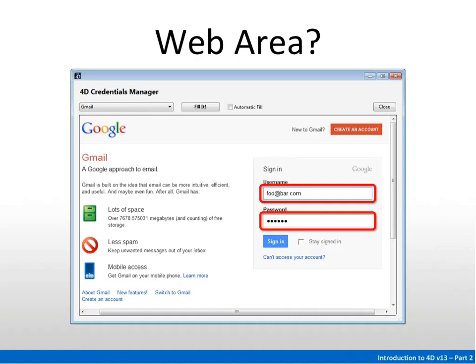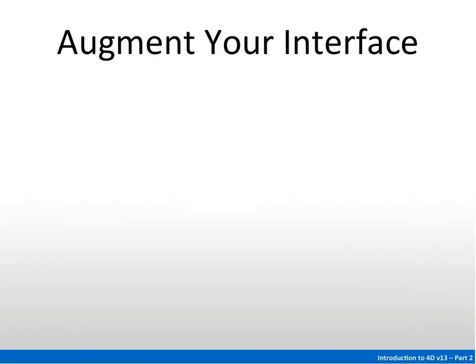The one that we wanted to talk about today is the third one that I think in some cases a lot of people don't really think about, and that's really using the web area as a form object and not a web browser. The idea being you've got a 4D interface already.